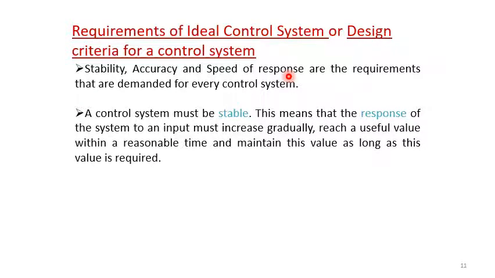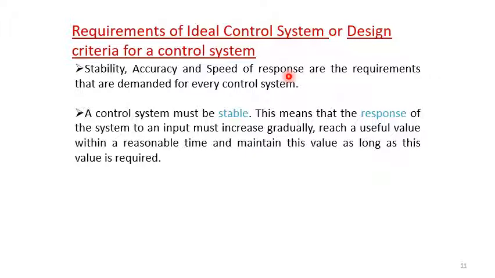Then, why is there a need for stability in a control system? Let's take an example of a motor. In a motor, we see that it's running at a certain RPM. To measure that RPM, we use the tachometer. In the tachometer reading, usually we observe that it is fluctuating from one value to another. If we are supposed to run the motor at 300 RPM, when we read it on the tachometer, we see that it is fluctuating from 295 RPM to somewhere around 305 RPM.